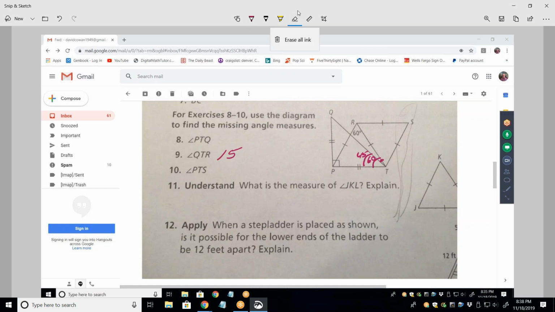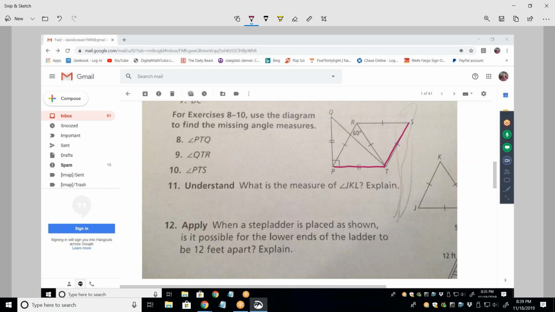And then you got P. All right, PTS. That's this one right here. So wouldn't the T area, wouldn't that be one? Wait, never mind.